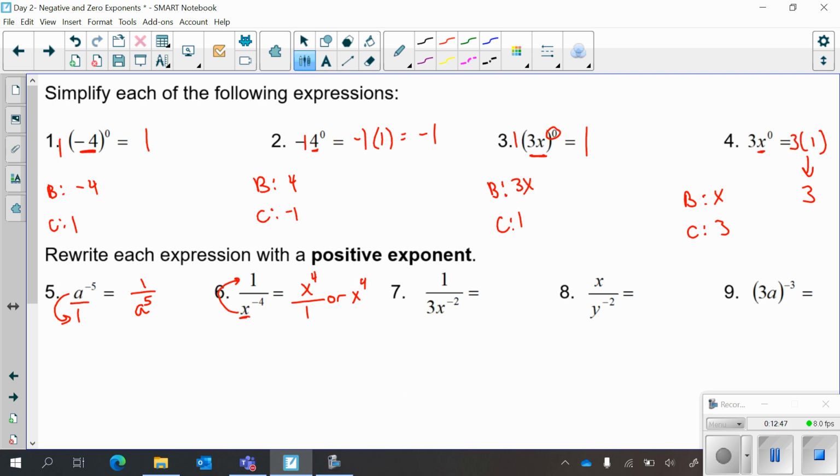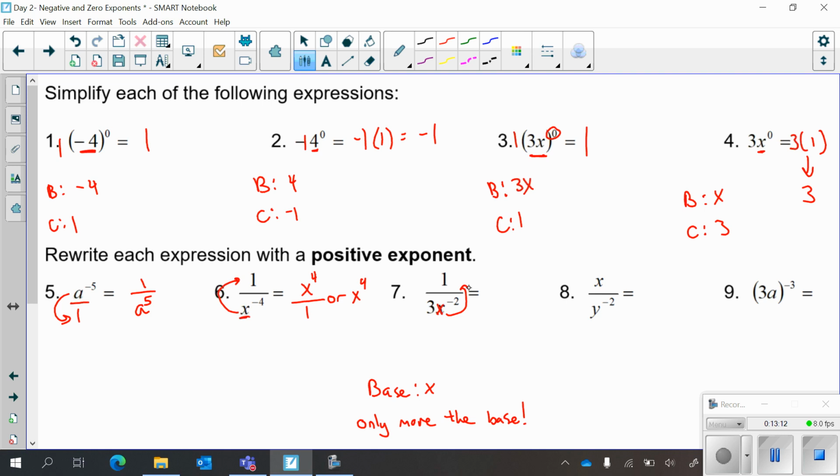Now, I want you to pay attention to number 7. Your base, what's attached to that exponent, is just x. So if the base is the x, then only move the base. In other words, only the x gets moved to the top.